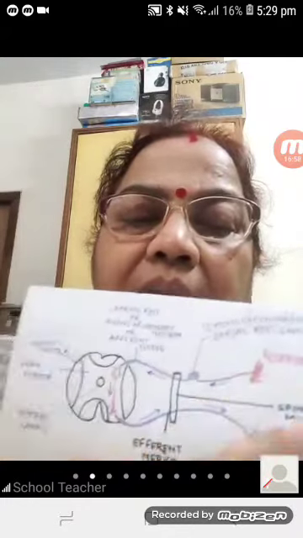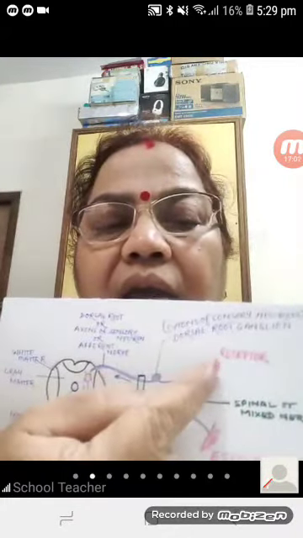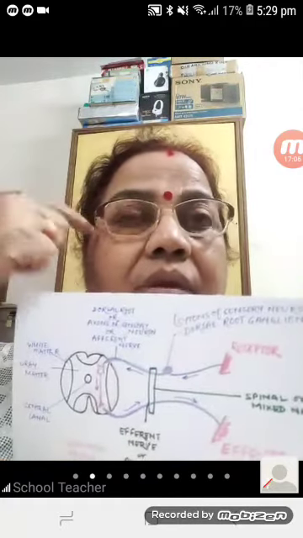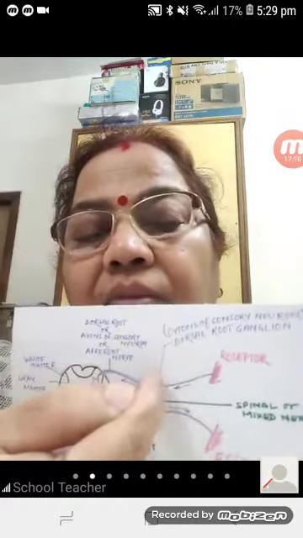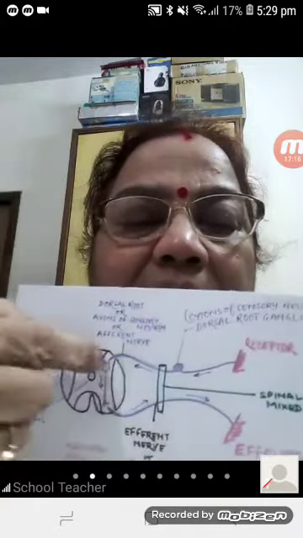I told you, because the dendrites of the sensory neuron are attached to the receptor. So the cytons are present in the form of a ganglion. And the axons will end up in the dorsal horn.